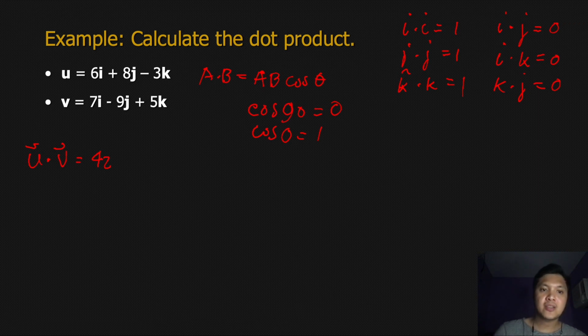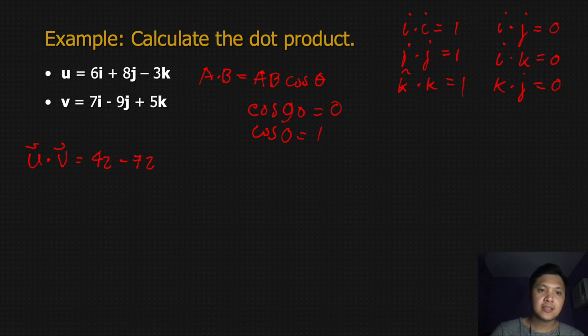Now 8j dot 7i is 0, again since i dot j is 0. 8j dot negative 9j is negative 72, since 8 times 9 is 72, and j dot j is 1.